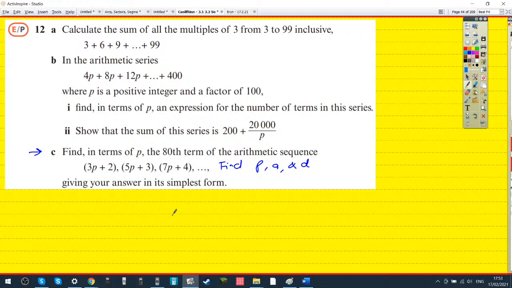So U1 is 3p plus 2. So is that A? Mm-hmm. And then D is 2p plus 1. What is U2? 5p plus 3. And in terms of A and D?